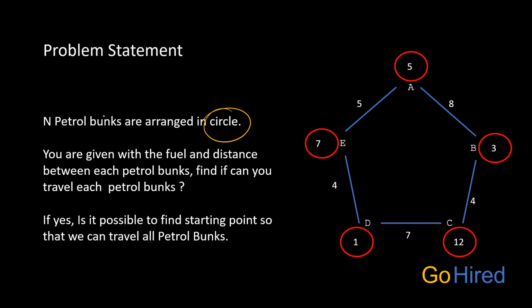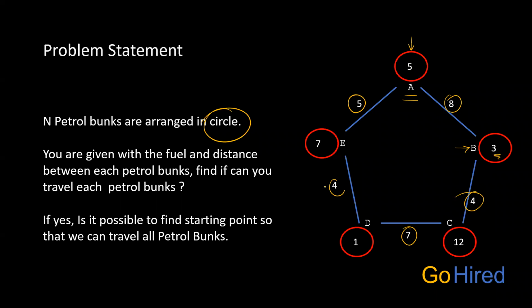Now you are given the fuel and the distance. So let's say at point A, you can have 5 liters of fuel, and if you reach point B, you can have 3 liters of fuel. So this simple thing is given to you, and you have been given the distances between the points.